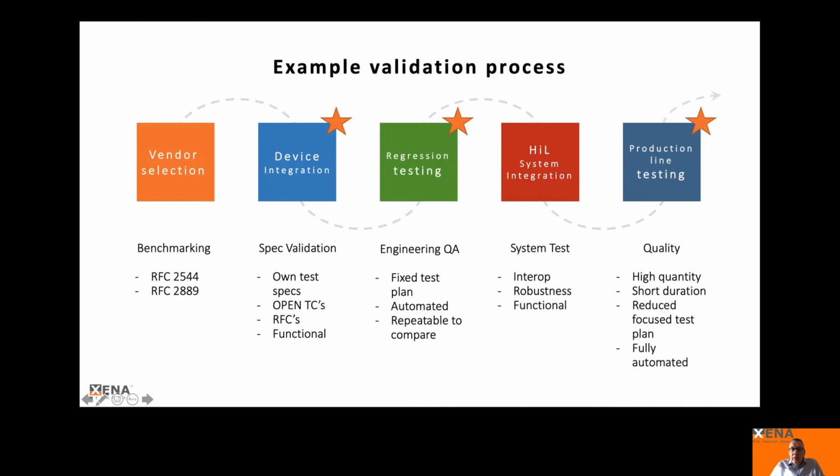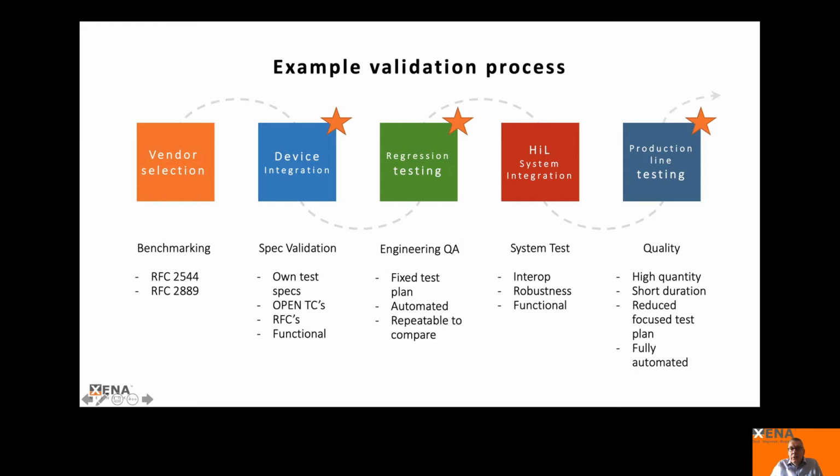In the next stage, you're going into the system integration, with hardware-in-the-loop testing, adding a lot more functionality to test the interoperability, the robustness of the system, and also the overall functional integration into the system.